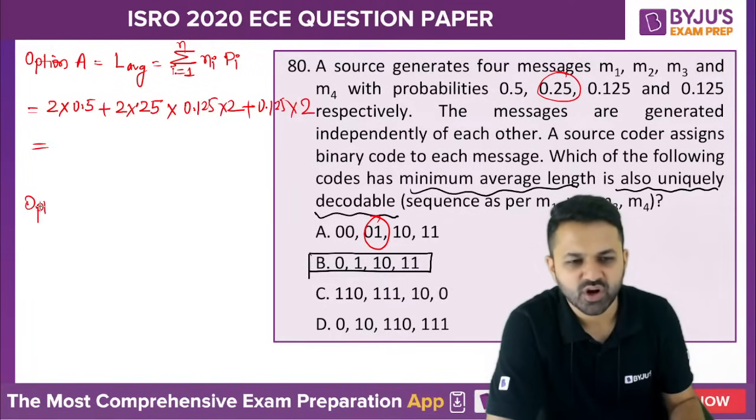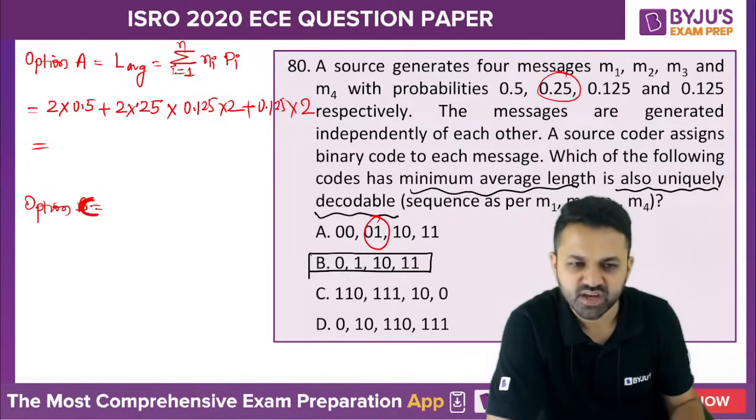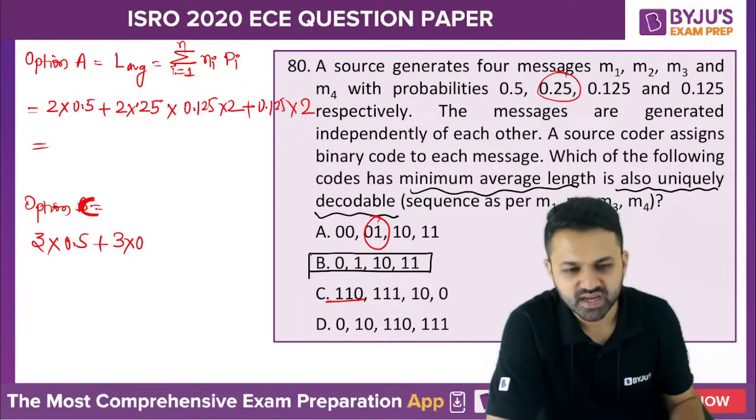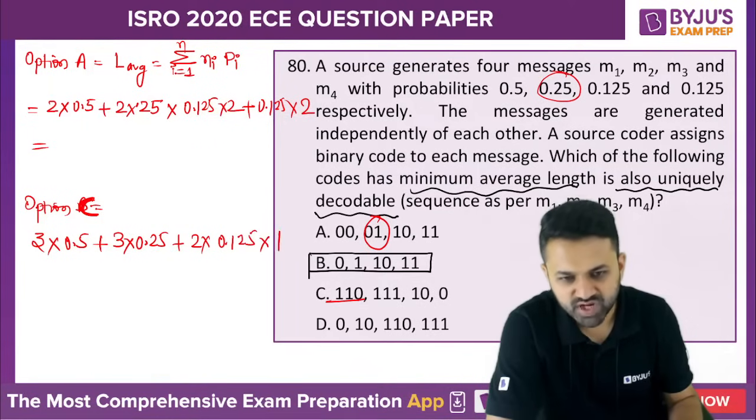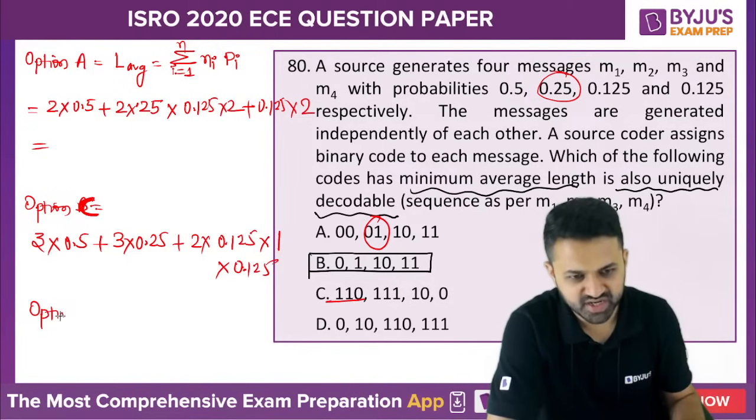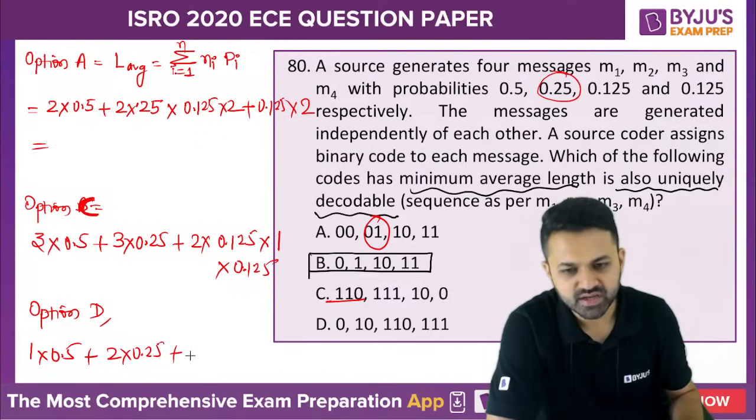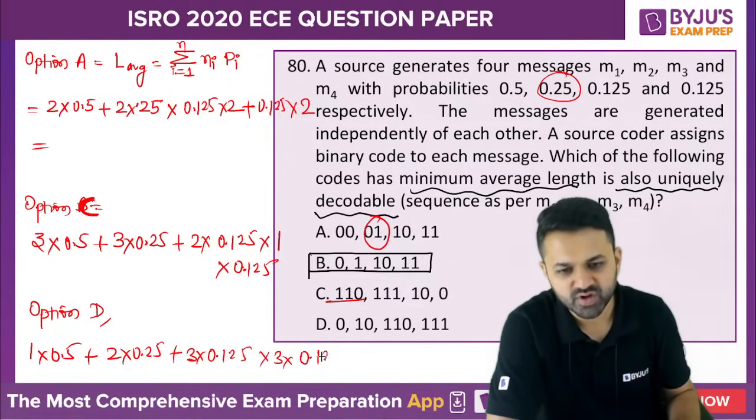Similarly, you calculate for option number C, B cannot be there. So this is 3 bits in the first code and the probability is 0.5. Again 3 bits 0.25, 2 bits 0.125, 1 bit 0.125. For option number D, 1 bit with 0.5 probability, 2 bits with 0.25 probability, 3 bits for 0.125 probability and 3 bits for 0.125 probability.